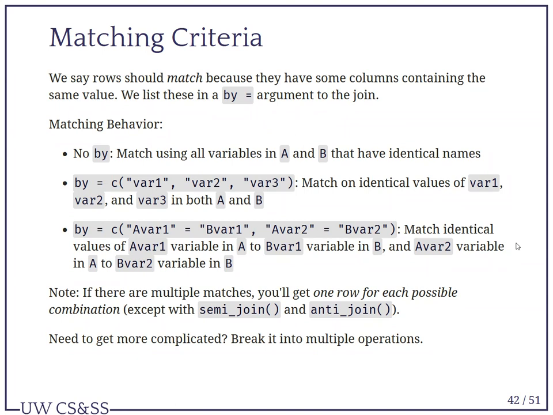Note, if there are multiple matches, you'll get one row for each possible combination. Okay, so I'm going to say that again. If there are multiple matches, you'll get one row for each possible combination.